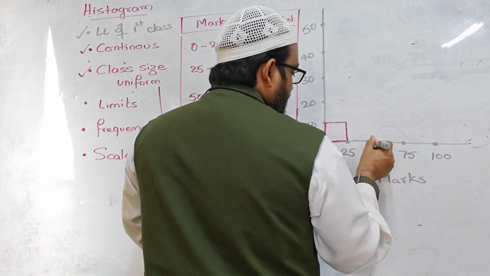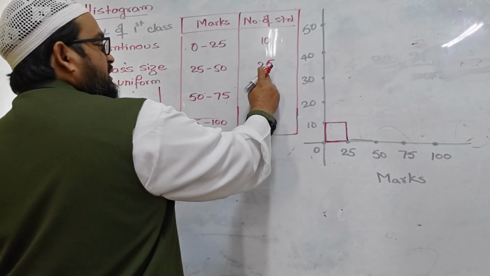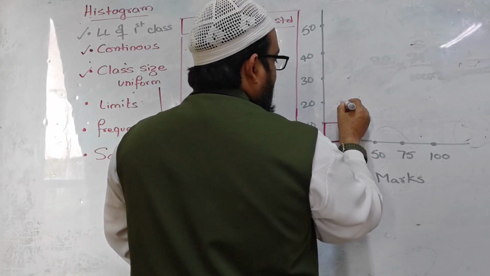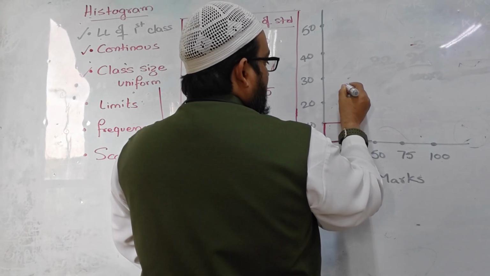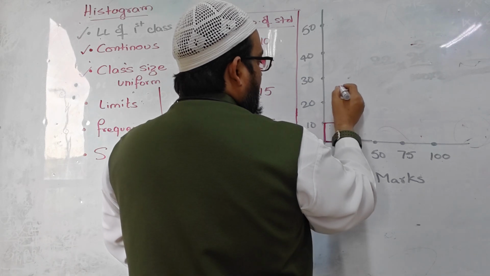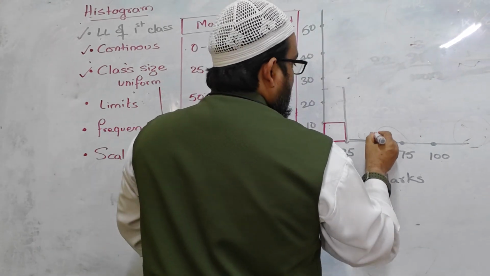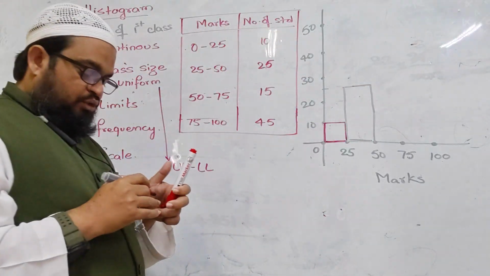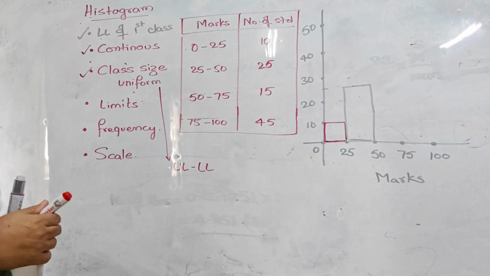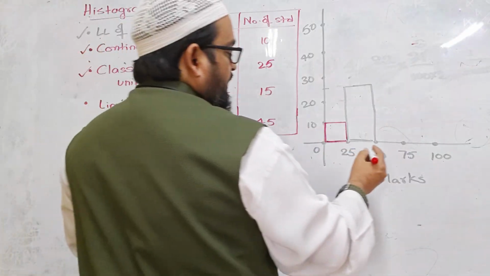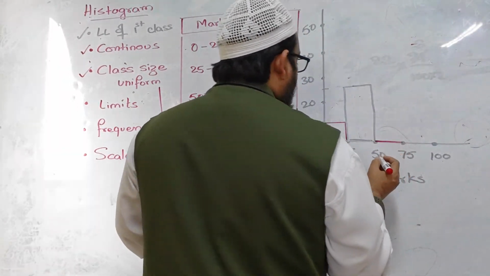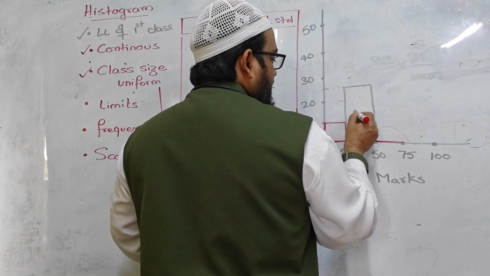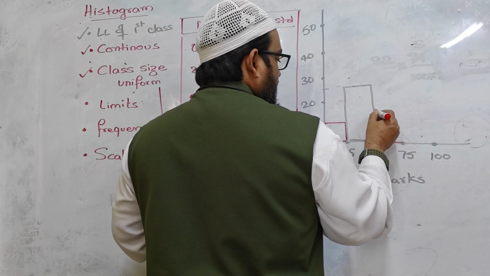So you have 25 to 50 over there, and the frequency is 25. Till here it is 20, and somewhere at the half point, it will be 25. So in the same way you draw. After that, 50 to 75, it is 15. 15 is somewhere between 10 and 20. So like this.